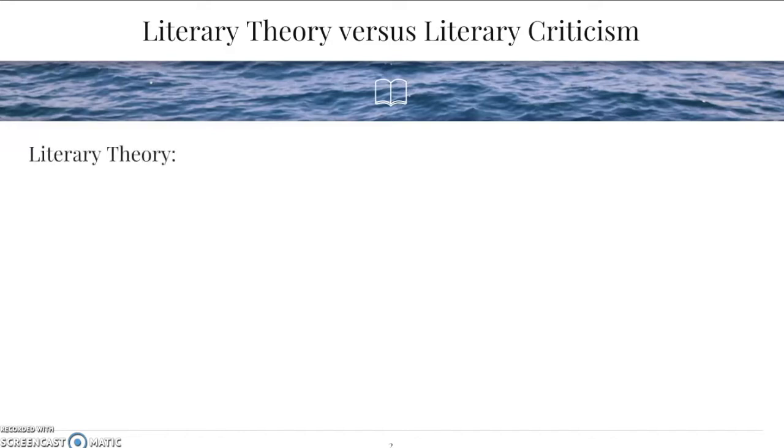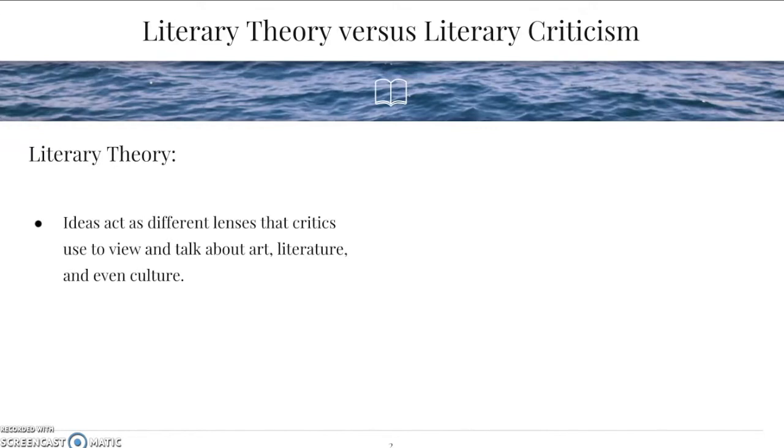So literary theory are the ideas behind this practice. So these ideas act as different lenses that critics use to view and talk about art, literature, and even culture. So when we're talking about theory in the sense of this course, we're talking about literary theory, these different ideas that we focus on in the text.